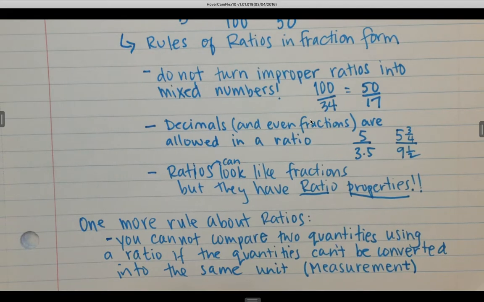I can't compare feet with gallons because gallons is how we measure liquid.